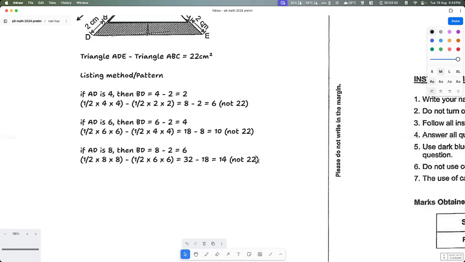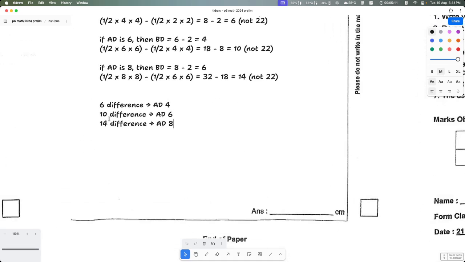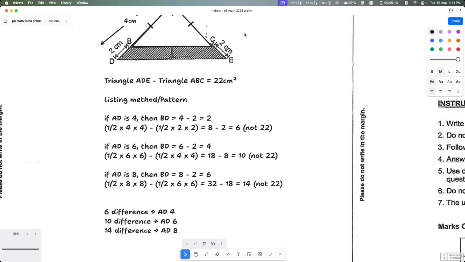So 6 difference means AD is 4, 10 difference means AD is 6, and 14 difference means AD is 8. 6, 10, and 14. So we want to get a difference of 22.